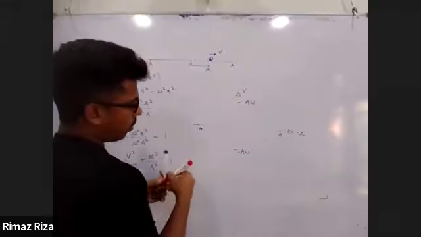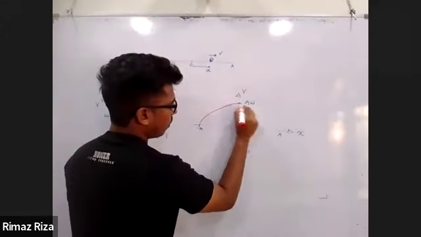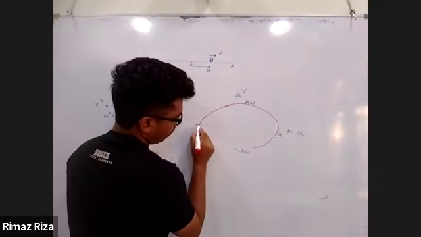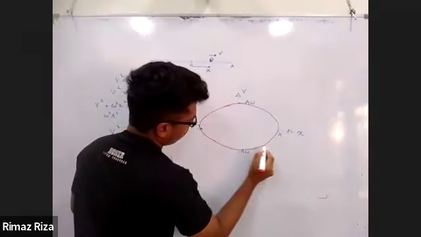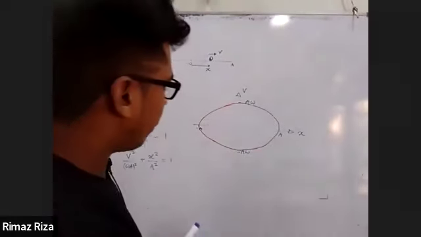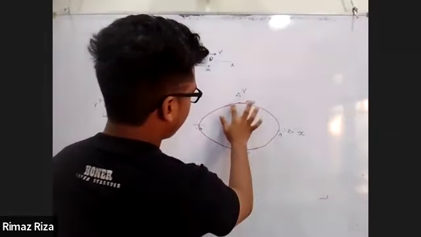So now let's plot the relation. It's an elliptical curve, so it has to be symmetric on both sides.